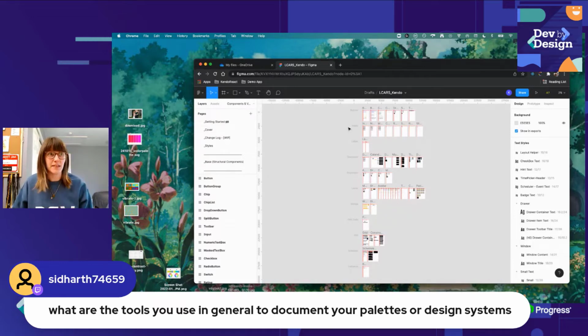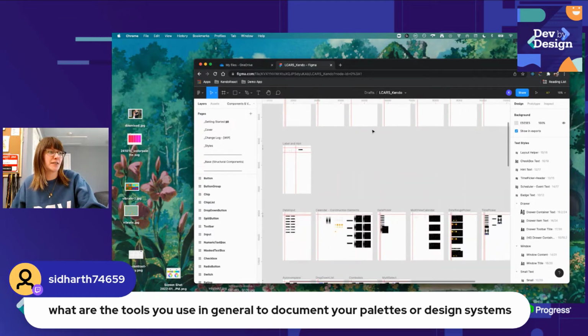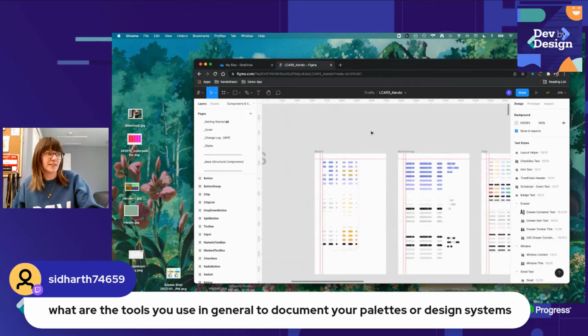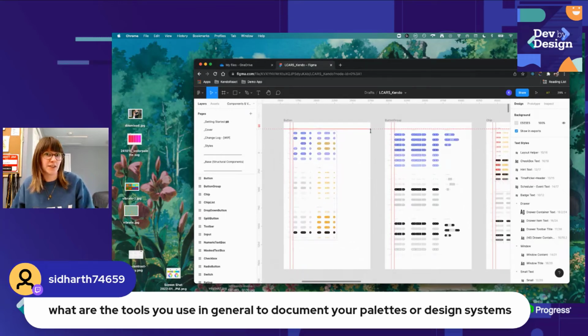I also really like, so for those of you that don't know, because I don't know that I talk about it a lot on Dev by Design, I am the Kendo React developer advocate at Progress Software. So when I'm building, I'm using Kendo React, which is a really great, super powerful component library. They have these Figma kits. I've got one open now that lets you customize the look and feel of all of their components.